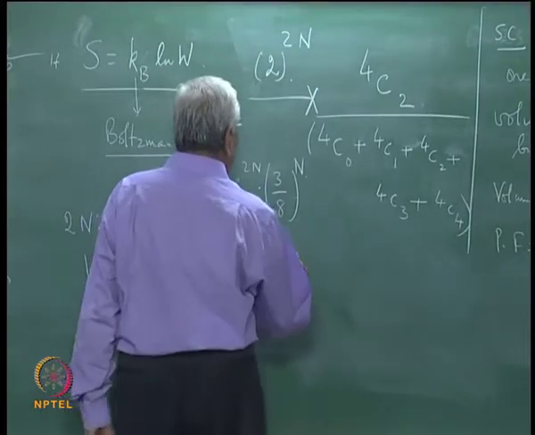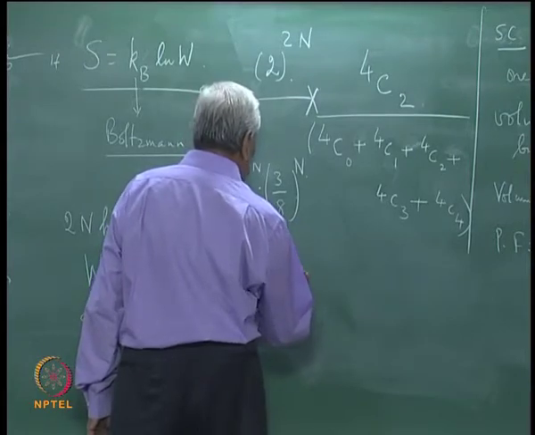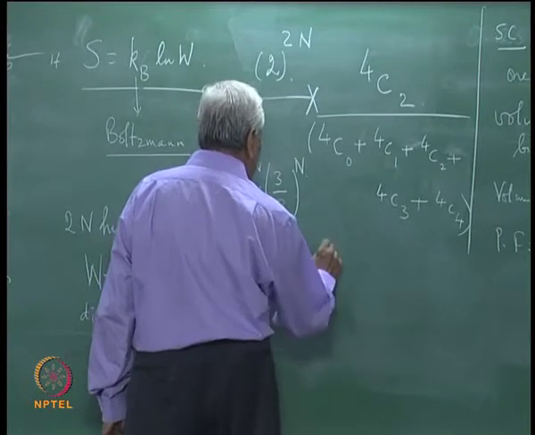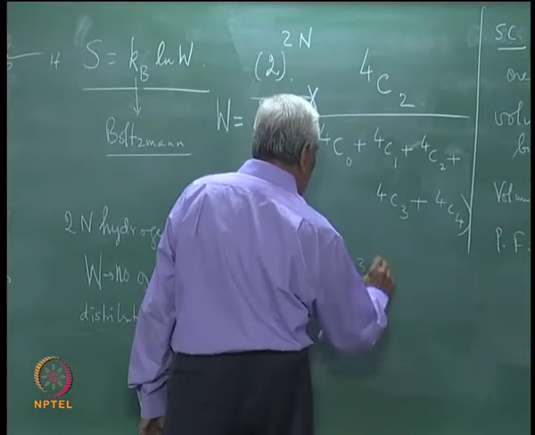This will be 2 square. So, 4 into 3 by 8 to the power n, and that is 3 by 2 to the power n.